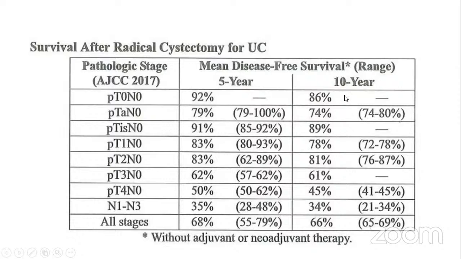And the 10-year survival for pT0 is 86%, for pTa 74%, and for carcinoma in situ with no lymph nodes 89%, for pT1 78%, for pT2 81%, for T3 it is 61%, for T4 it's 45%, and for N1 to N3 it is 30 to 34%, and overall 10-year survival is 66%.